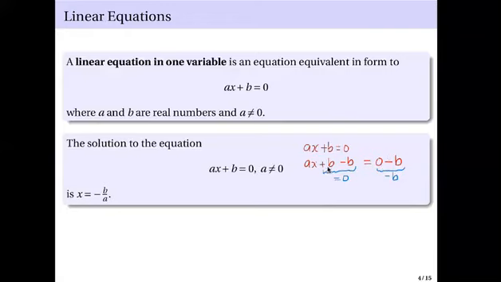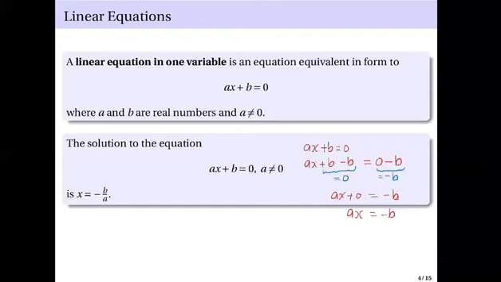If b minus b is equal to 0, then we'll just have ax plus 0, and the other side will just have minus b. And then again, similar to this property here, ax plus 0 is just ax, and this is equal to negative b.